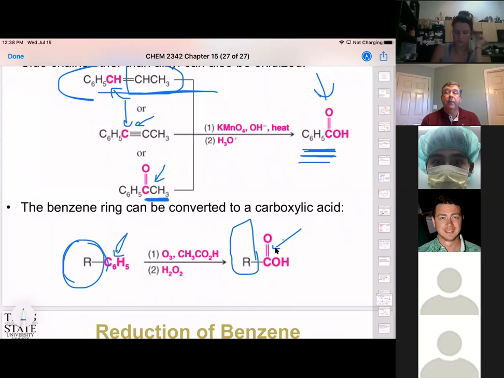With chromic acid and permanganate, we're oxidizing down the side chain as long as there's either a double bond or a benzylic hydrogen. This is the only one where we leave the alkyl chain unattached and oxidize off the benzene ring. But remember, one of those carbons is from the benzene ring, and that's the carboxylic acid carbon, so that you'll know exactly how many carbons your alkyl chain has.